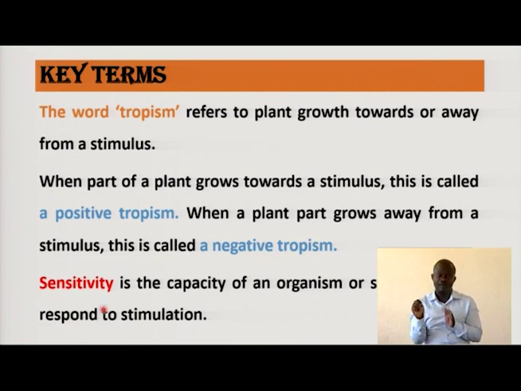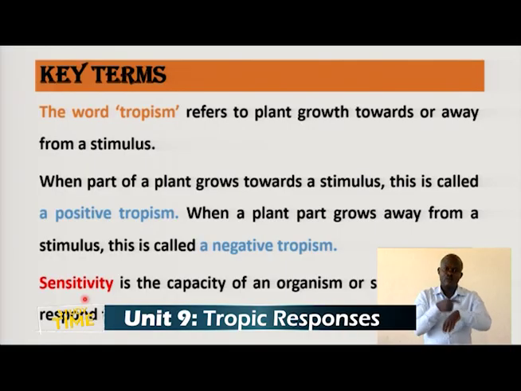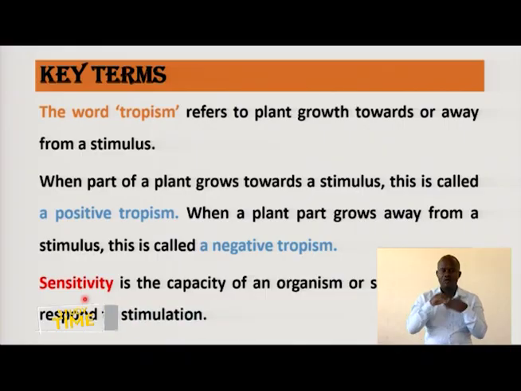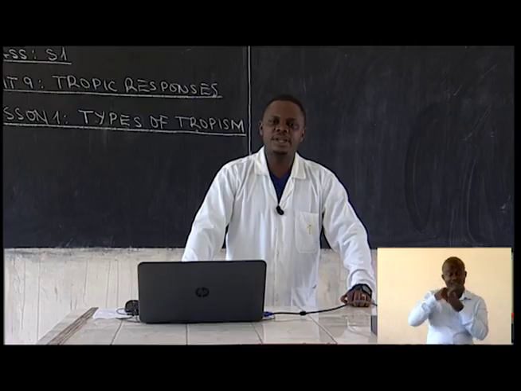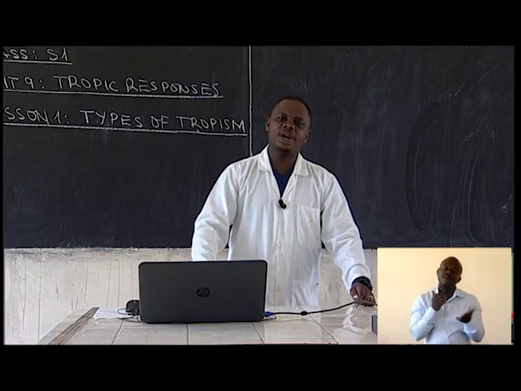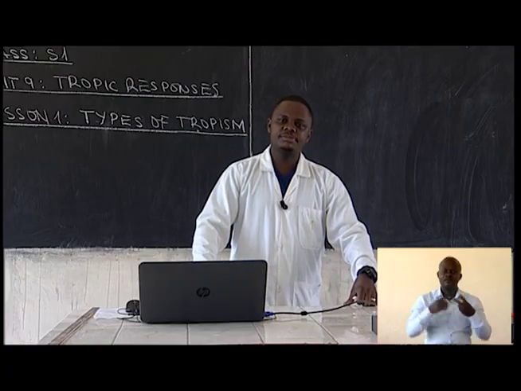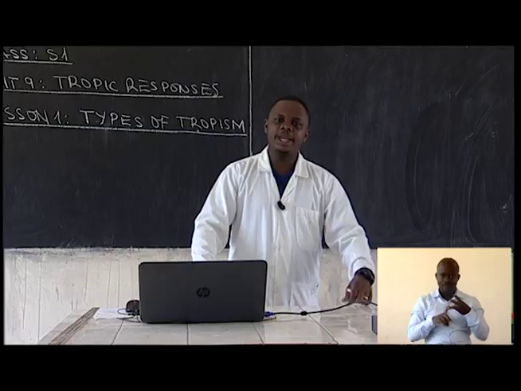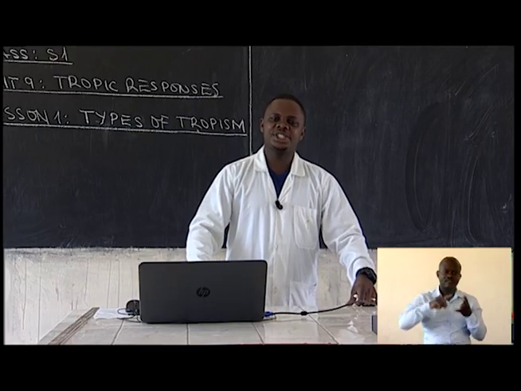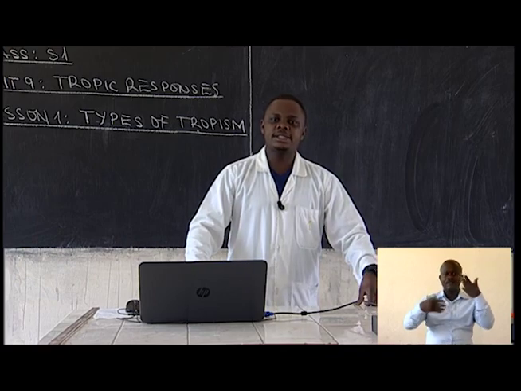We also have another term, sensitivity. This one we talk about when we are talking about 7 characteristics of living organisms. Dear students, do you remember 7 characteristics of living organisms? Yes, we can talk about nutrition, respiration, movement, excretion, reproduction, and sensitivity.